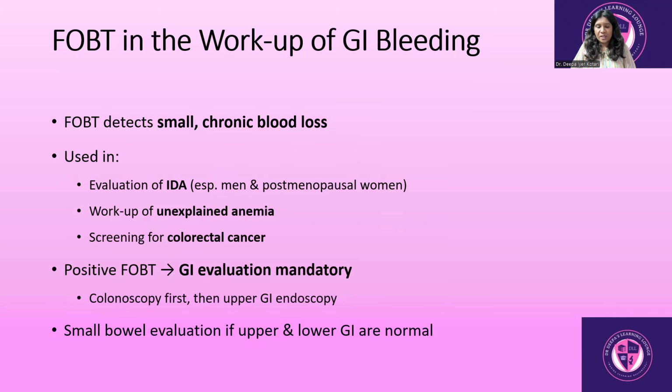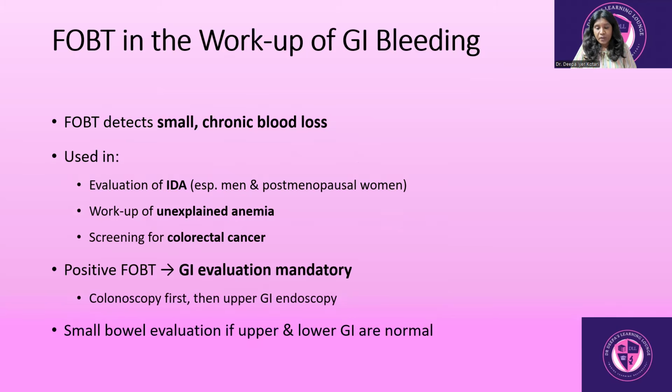Typically, the colon is investigated first with a colonoscopy because of the high prevalence of colorectal polyps and cancers. If the colon is found to be normal, the next step will usually be an upper GI endoscopy to rule out any ulcers, erosions, vascular lesions, or a malignancy in the upper GIT. If both upper and lower GIT show nothing, then you have to continue to investigate for a small bowel source.